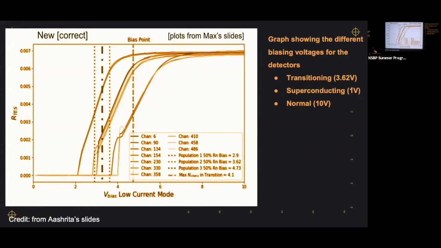At the very top there would be the normal period, and between that and the superconducting stage is the transition. So the data that we've been working with is in three different states: the superconducting state, where the voltage is around 1 volt, the transitioning state, at 3.62 volts, and then we also have data from the normal state.